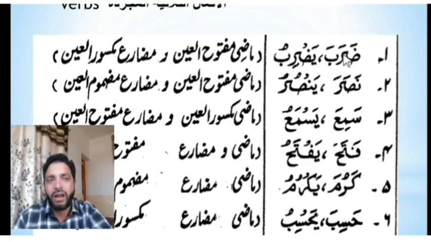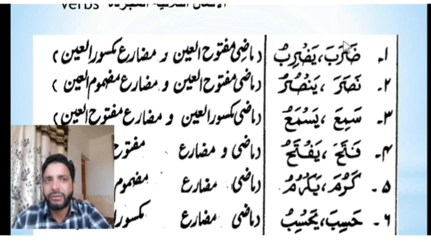See, ra is maftuh. We find fatha on this ra. So this is the first form of al-fi'l thulathi al-mujarrad, the first balance, first bab: zaraba yazribu.